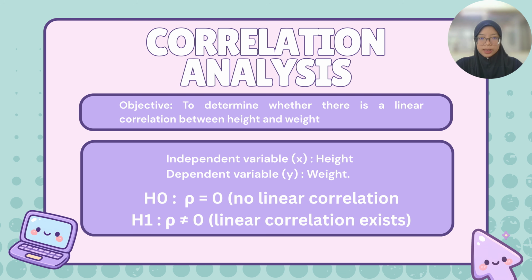The objective of this test is to determine whether there is a linear correlation between height and weight at a 95% confidence level. In this analysis, height is the independent variable, or x, and weight is the dependent variable, or y. The null hypothesis states that there is no linear correlation between height and weight, while the alternative hypothesis states that a linear correlation exists.